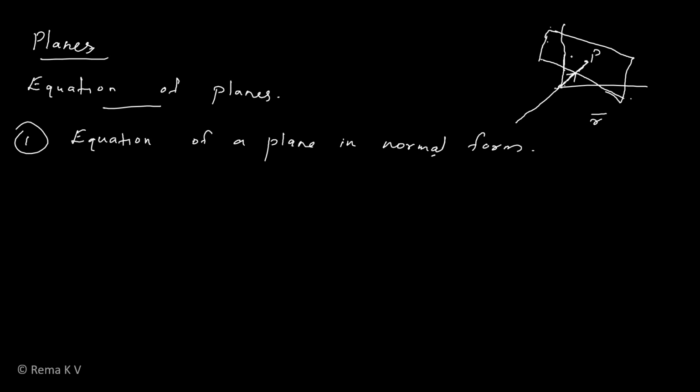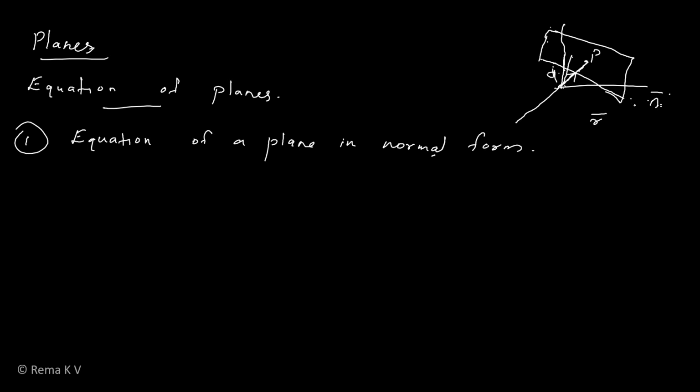From the origin, take the perpendicular distance to this plane and let that be equal to D. And the normal vector, that is the vector which is perpendicular to this plane from the origin, let that be vector N. Okay, so first we have to get the perpendicular distance from the origin to the plane and also the vector which is perpendicular to the plane from the origin.